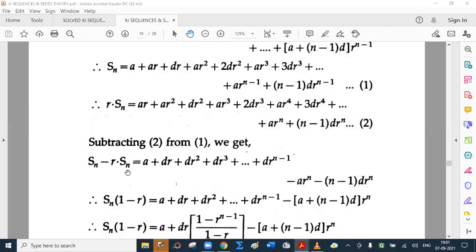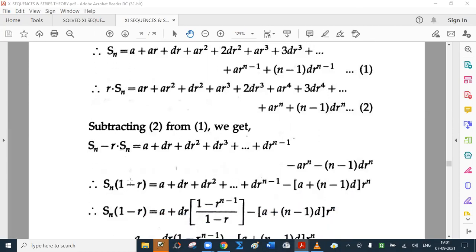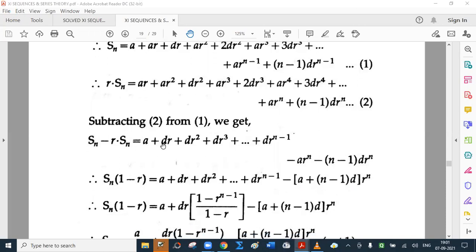Now take Sn common from these two terms. So Sn into (1 minus r) equals a plus dr, dr square up to dr raised to n minus 1. These are in all how many terms? Not n, but n minus 1 terms. These are in geometric progression.